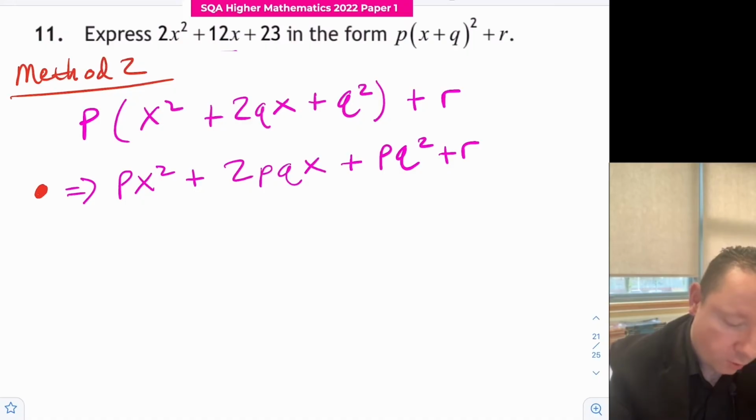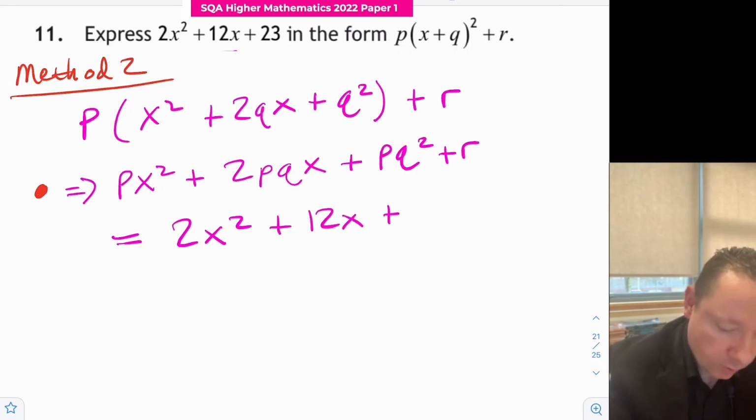So this obviously equals 2x squared plus 12x plus 23. So we should be able to see the coefficient of x squared here is 2, and the coefficient of x squared here is p, so p is obviously equal to 2. We can see right here that p immediately equals 2.